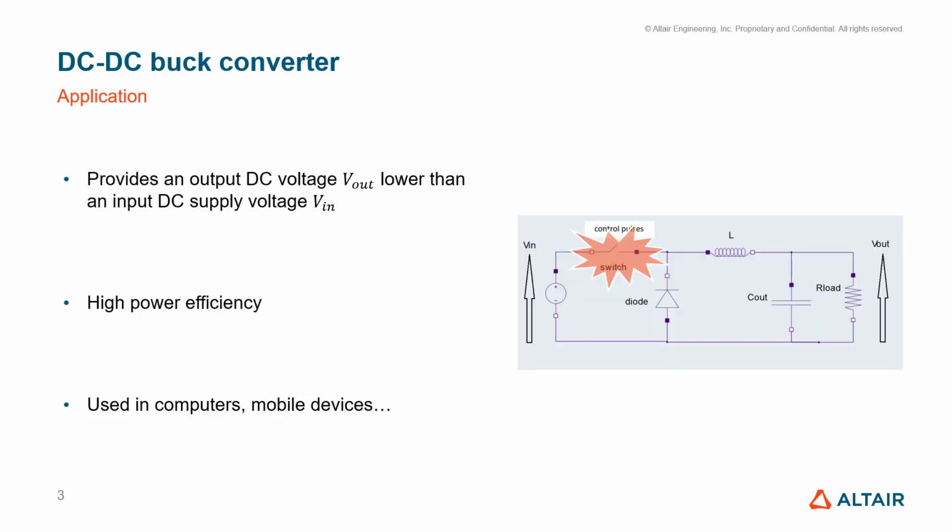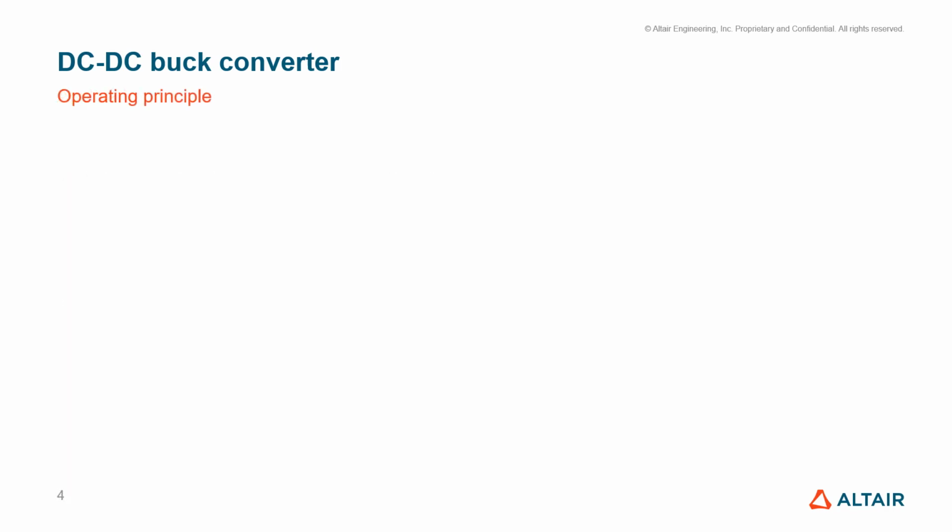The basic circuit features a switch that might be a power MOSFET or an IGBT, a freewheeling diode, an inductor and an output capacitor. The proper design requires a good accuracy of the components models, and SPICE models are therefore the good choice.